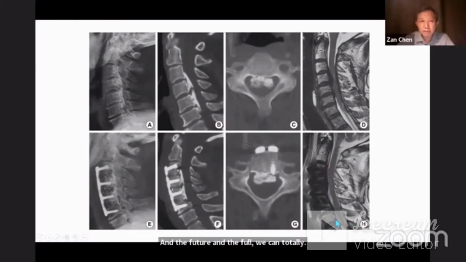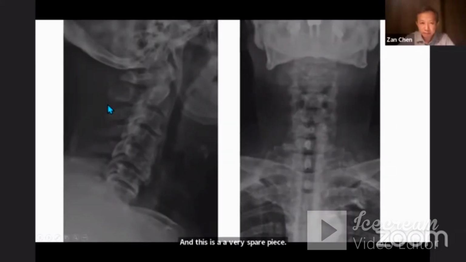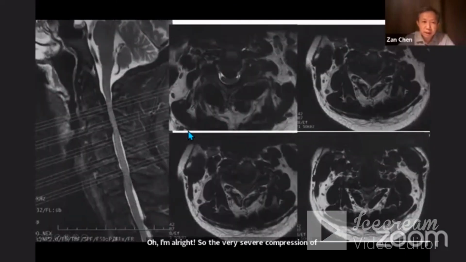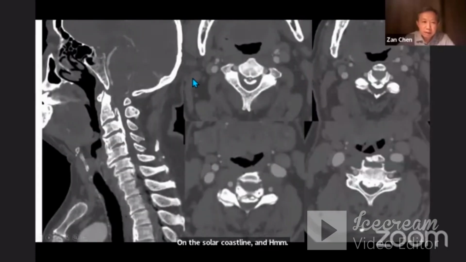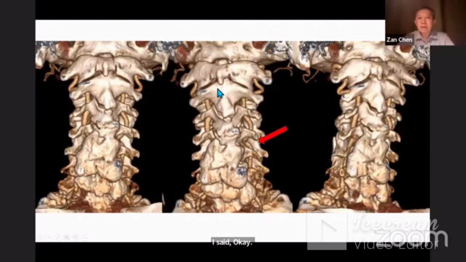And this is a very special case, a 66-year-old male patient. MRI showed a very severe compression of the cervical spine, and the X view showed the spinal cord is compressed. And the CT scan showed multi-level OPLL lesions.